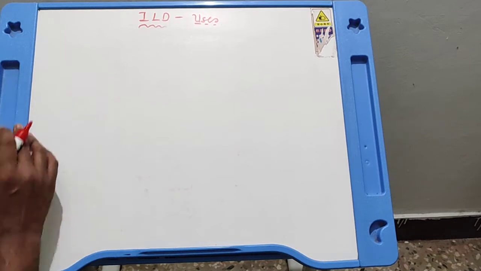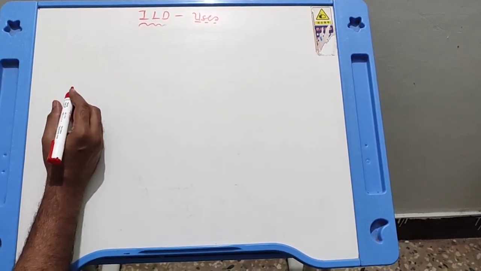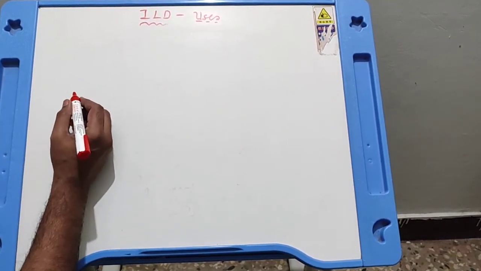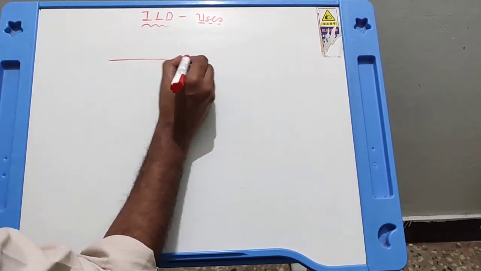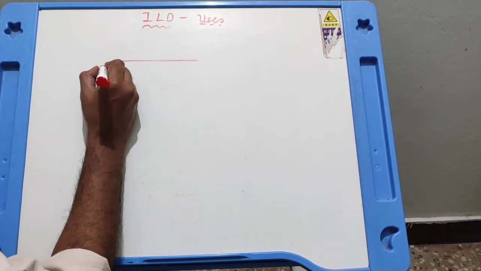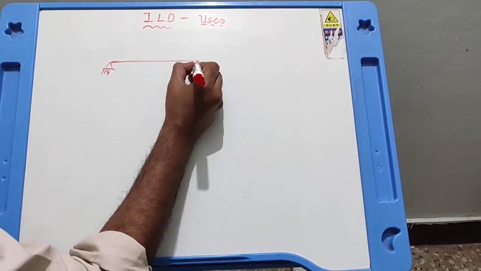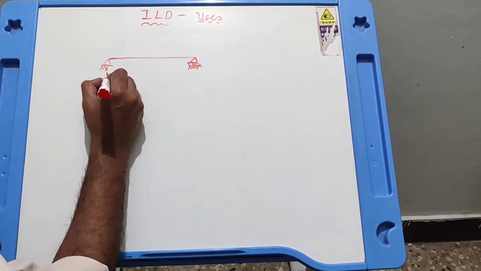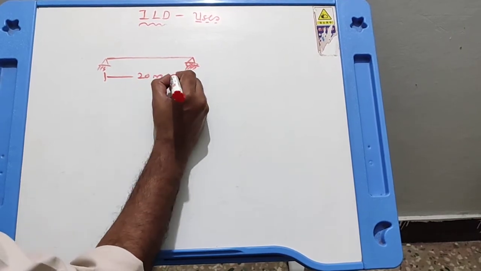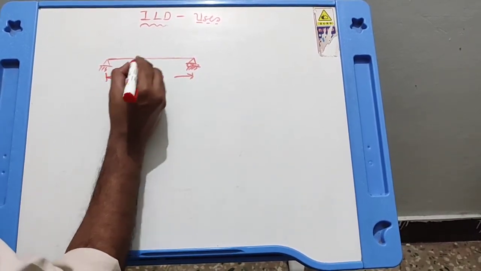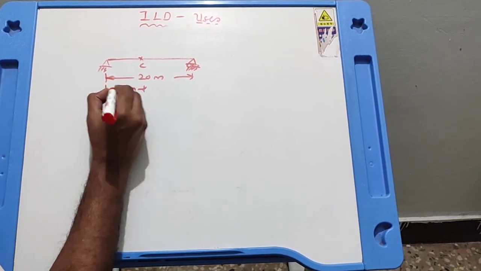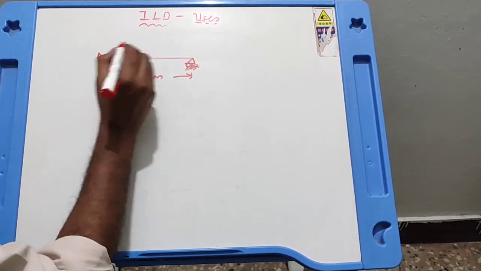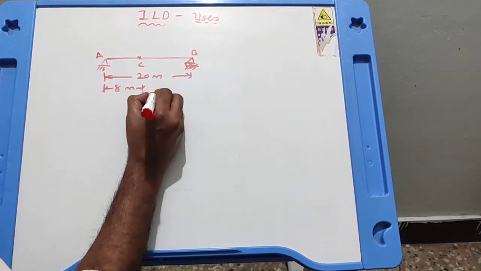So my dear students, you have understood how to find the bending moment and shear force at section C due to a single load. Suppose, just imagine, there is a beam like what we had seen, with a span of 20 meters. This is very important, you need to understand. Again there is a section C at a distance of 8 meters from support A. That means this is 12 meters.